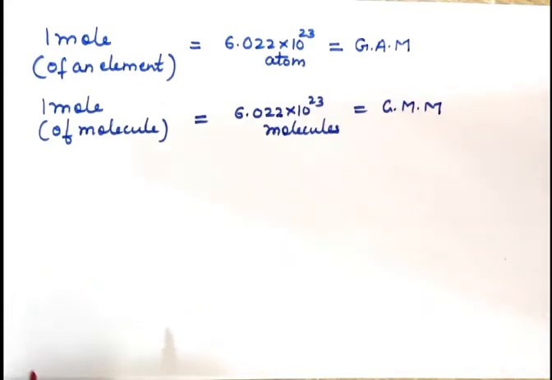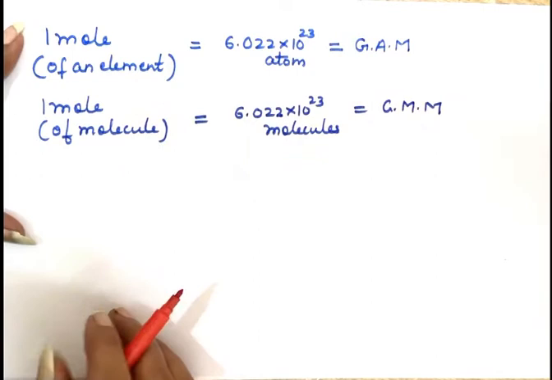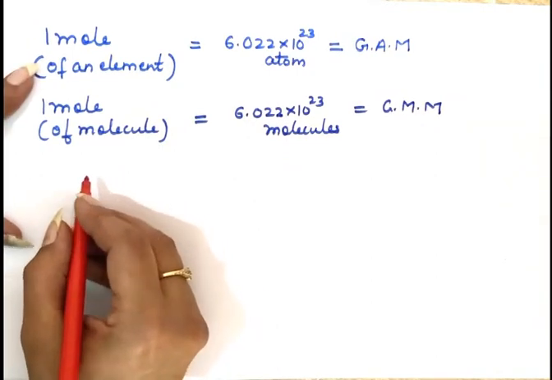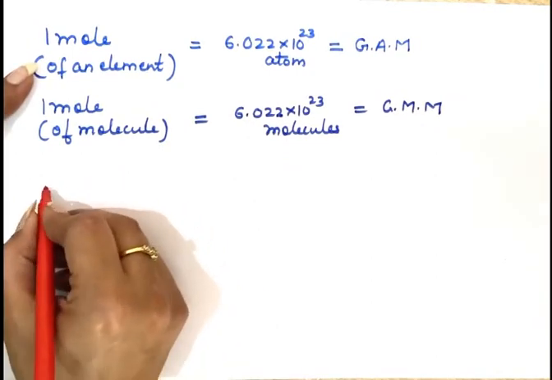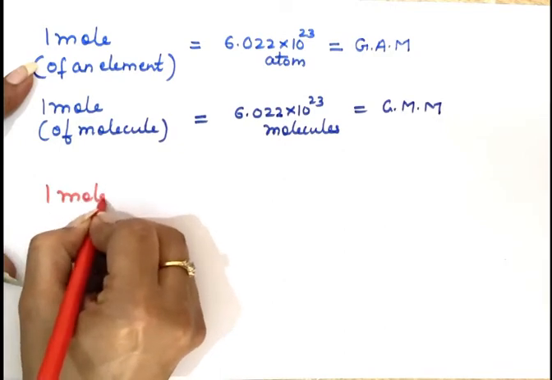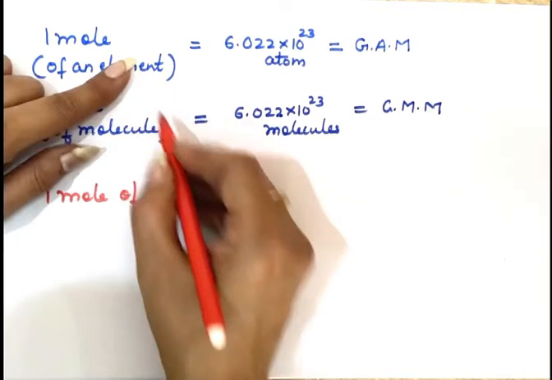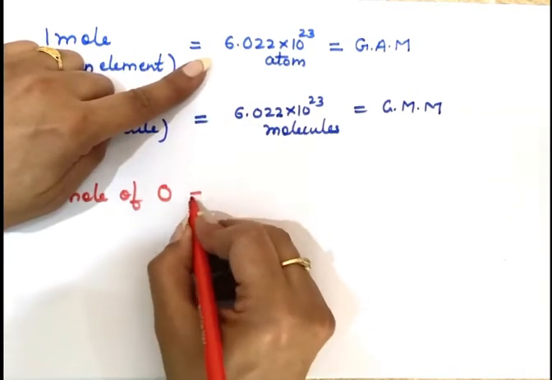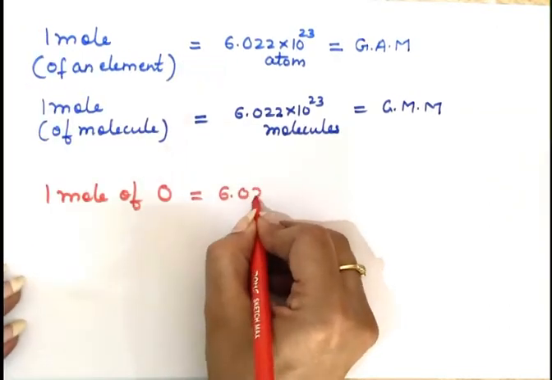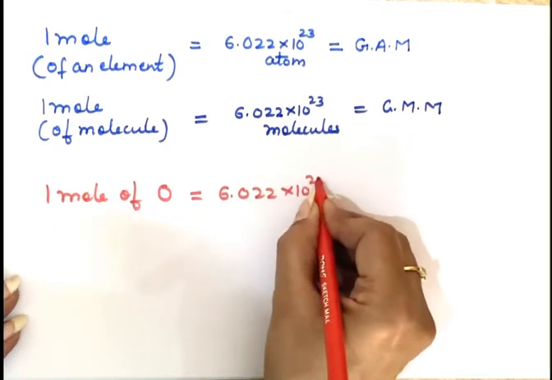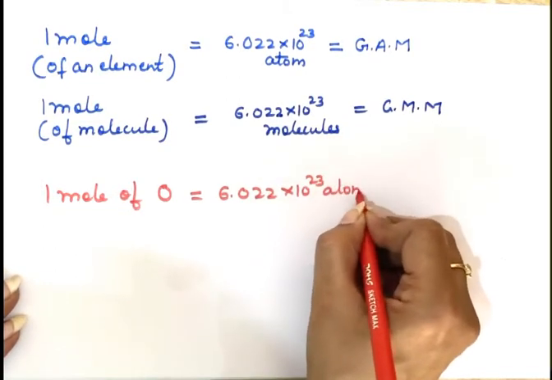Now one example to understand this. First of all, I am taking 1 mole of an element as an example. So it is 1 mole of oxygen. Which element am I taking 1 mole of? Oxygen. In that, how many oxygen atoms are there? 6.022 into 10 raised to power 23 atoms are there.